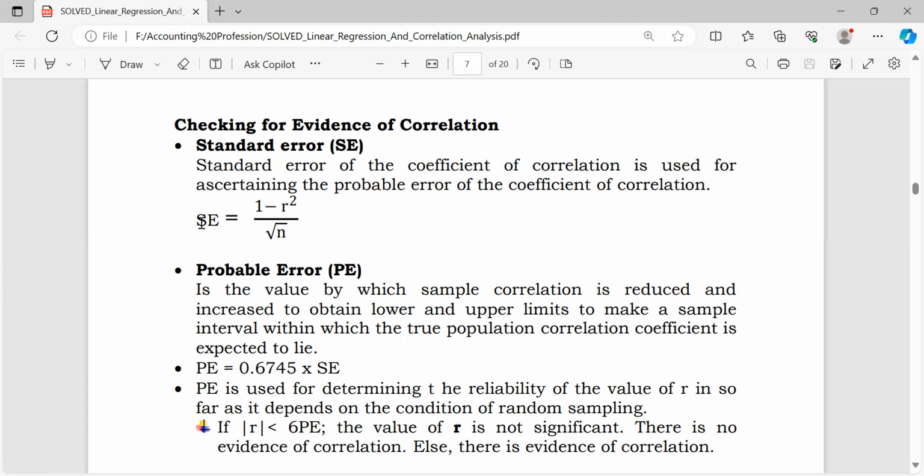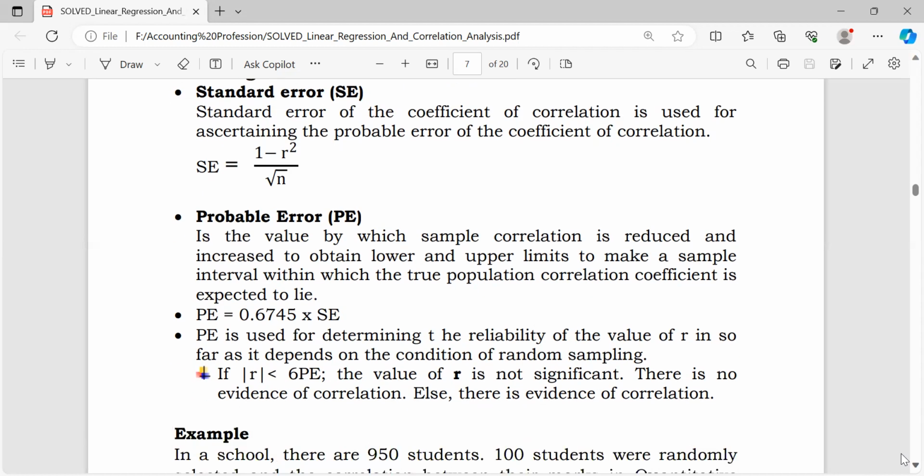Simply speaking, the standard error is obtained this way. You take 1 minus the square of the correlation coefficient, and then you divide by the square root of the sample size, right? So what is the probable error now? The probable error is what would give us something very well. For example, when you have a population, it's normal that you won't use the whole population.